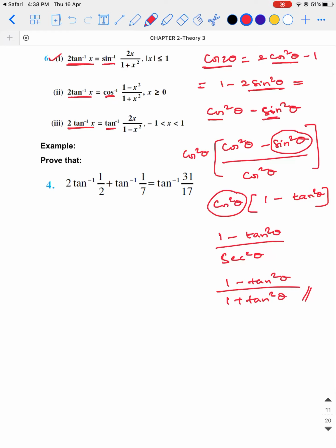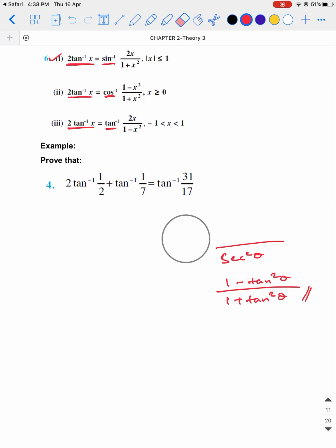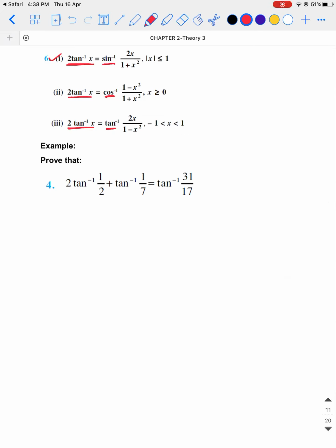So from this, the formulae you are supposed to know before understanding this concept are: sine 2 theta is 2 tan theta divided by 1 plus tan square theta. Cos 2 theta is 1 minus tan square theta divided by 1 plus tan square theta.